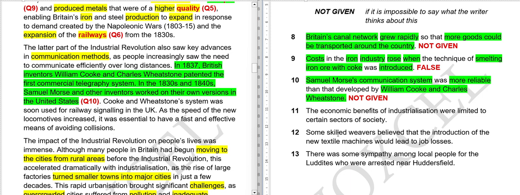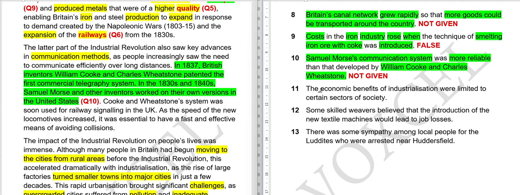The economic benefits of industrialization were limited to certain sectors of society. Here the question is saying that the economic benefits of industrialization were limited to only certain sections of society, meaning not all people were able to benefit from industrialization.